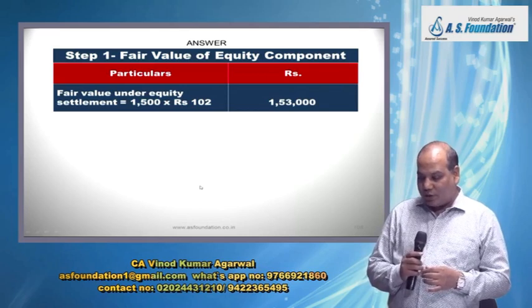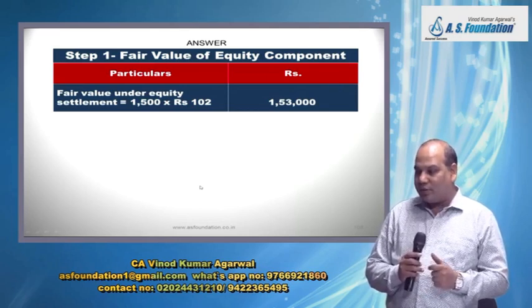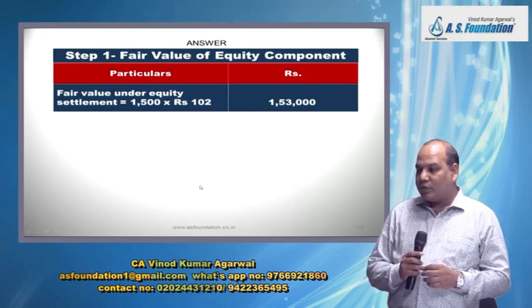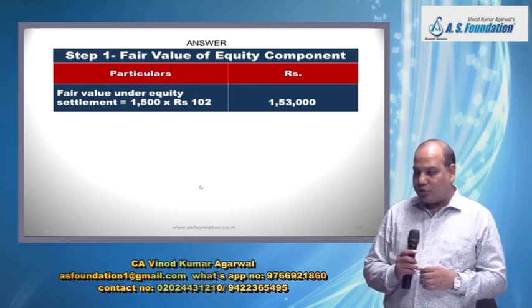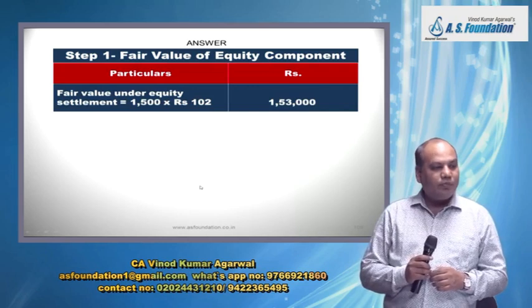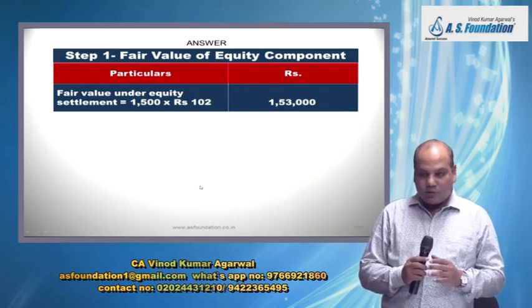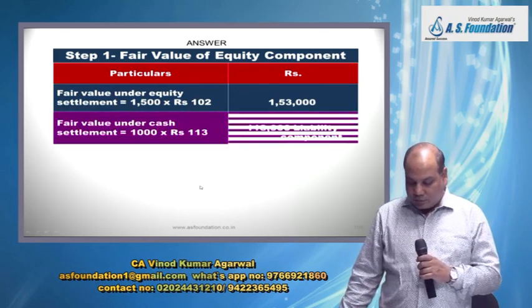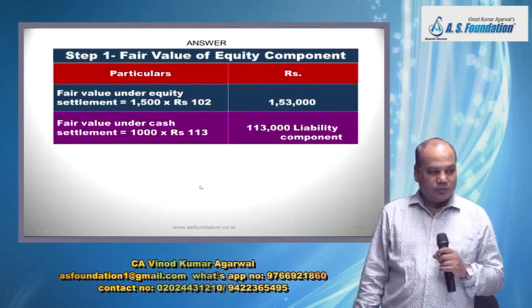Particulars, rupees. Fair value under equity settlement: 1500 into 102. Check the calculation. Is it 1,53,000? Then you write down fair value under cash settlement.